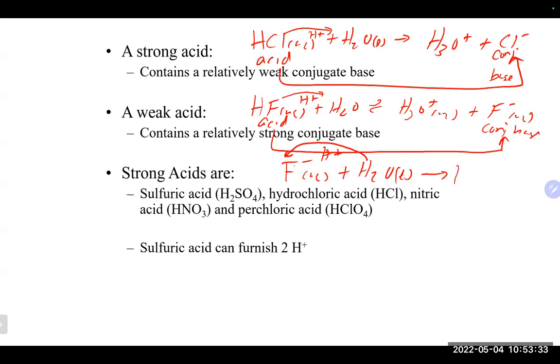The result of that is it will make some more hydrofluoric acid, and it will make some hydroxide. And if you had a solution of something like sodium fluoride, it actually would be a basic solution because it will continue to react with water. This is what is sometimes referred to as a hydrolysis reaction, which means it reacts with water.